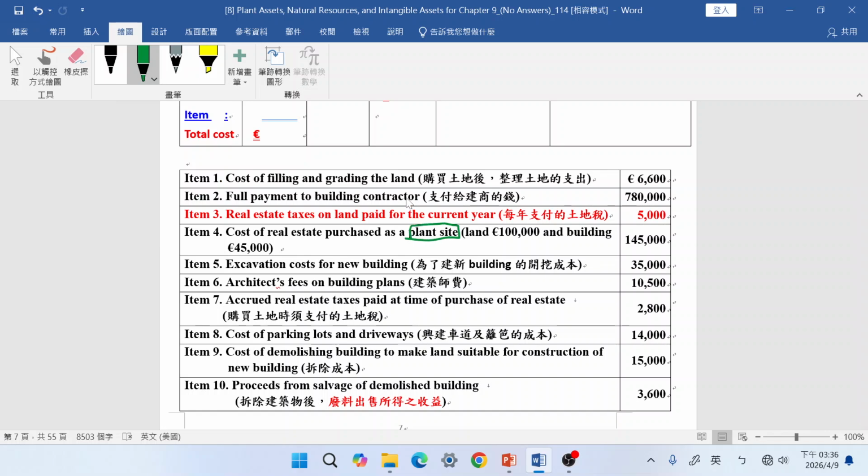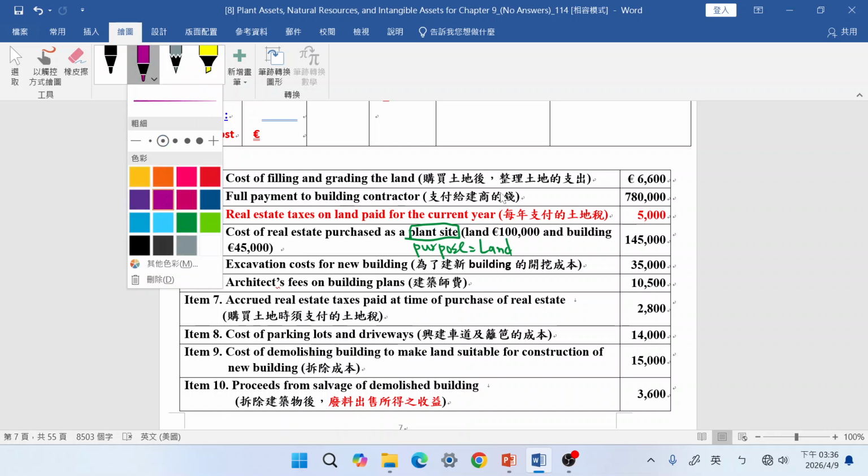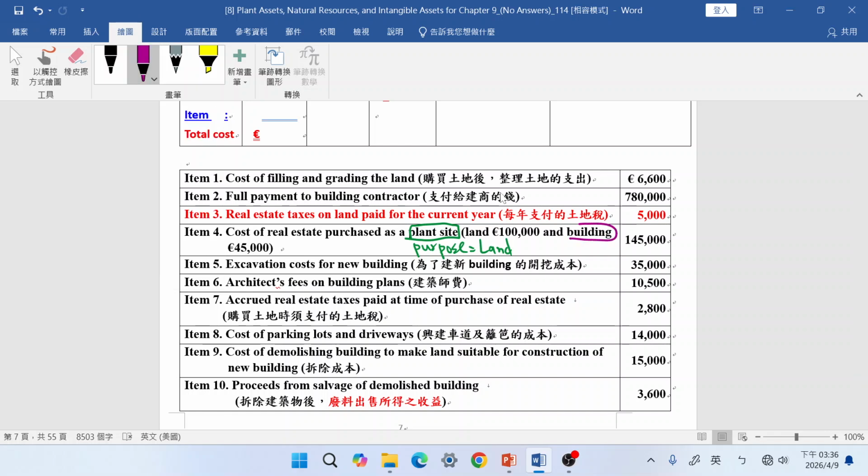So you buy it, this is your purpose. Purpose for the land. So you don't need the buildings. So those buildings, you don't need them. Okay? So you will remove them.